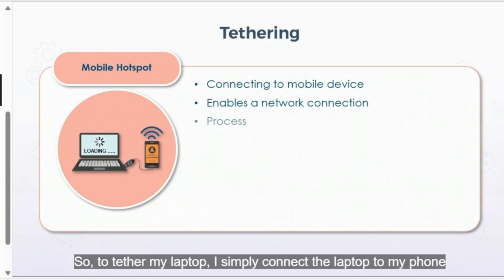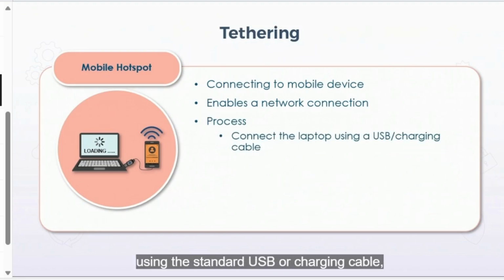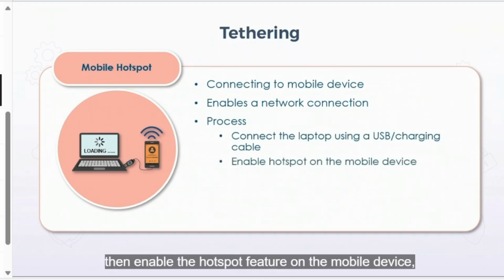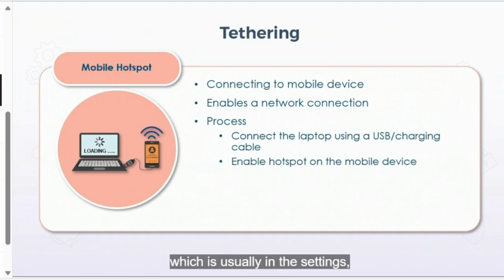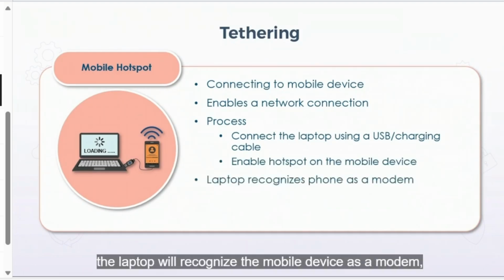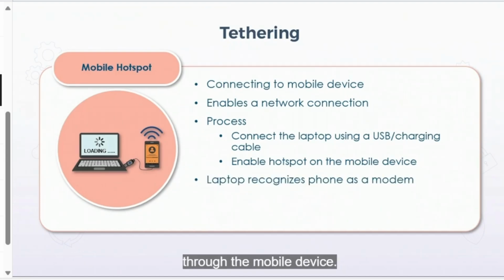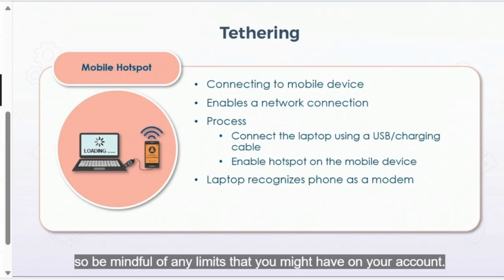So to tether my laptop, I simply connect the laptop to my phone using the standard USB or charging cable, then enable the hotspot feature on the mobile device, which is usually in the settings, and then as soon as it's enabled, the laptop will recognize the mobile device as a modem, in turn allowing the laptop to also gain access to the internet through the mobile device. Now bear in mind that once you start tethering, you're using cellular data, so be mindful of any limits that you might have on your account.